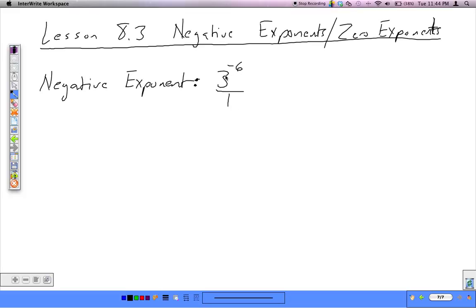And so rather than being 3 to the negative 6 over 1, it's going to be 1 on top and then 3 to the 6th on bottom. And that is all you need to do. If you wanted to, you can multiply this out and find out what this fraction is. But really, in all honesty, I'm fine with you leaving this as an exponent. Okay?